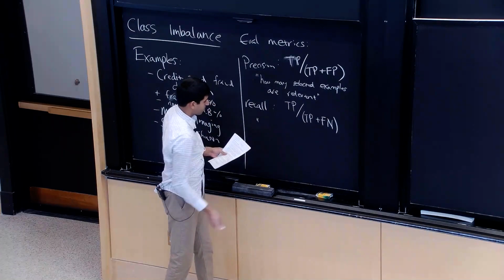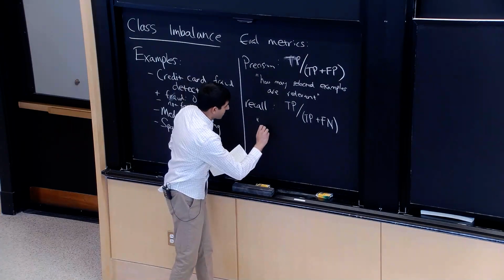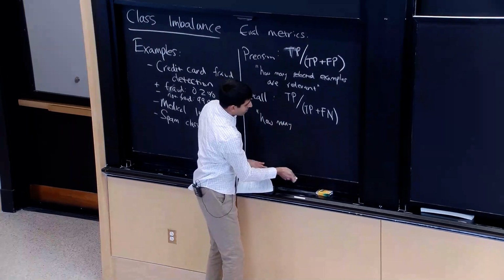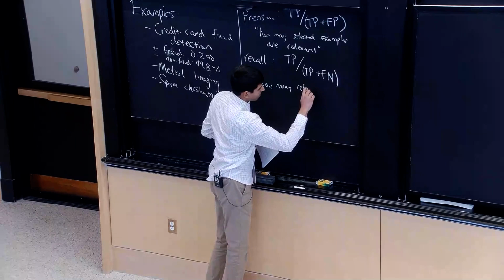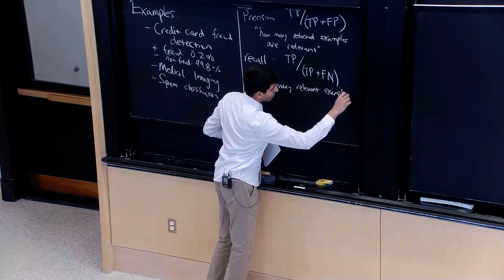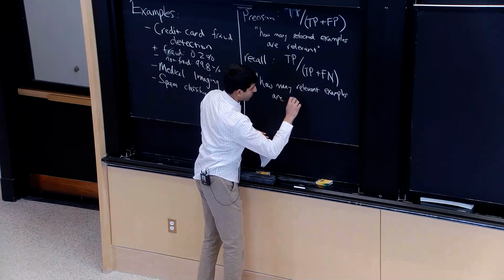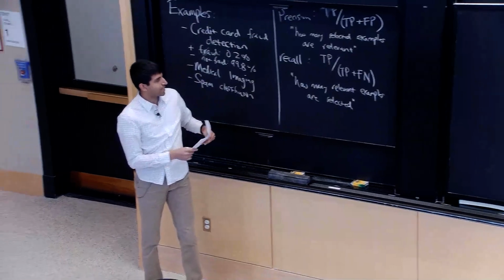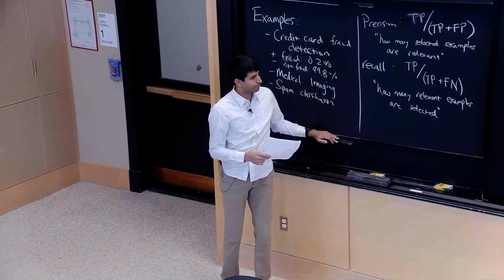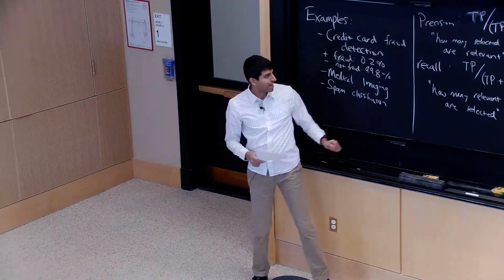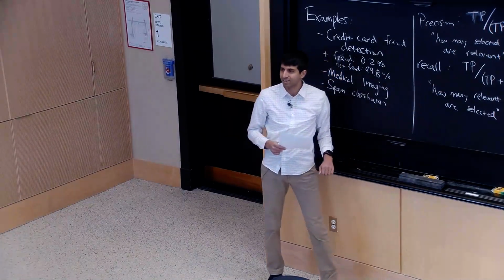And so in plain English terms, this is how many relevant examples are selected. There's a bunch of things that have the true label positive, and how many of those do we successfully find?